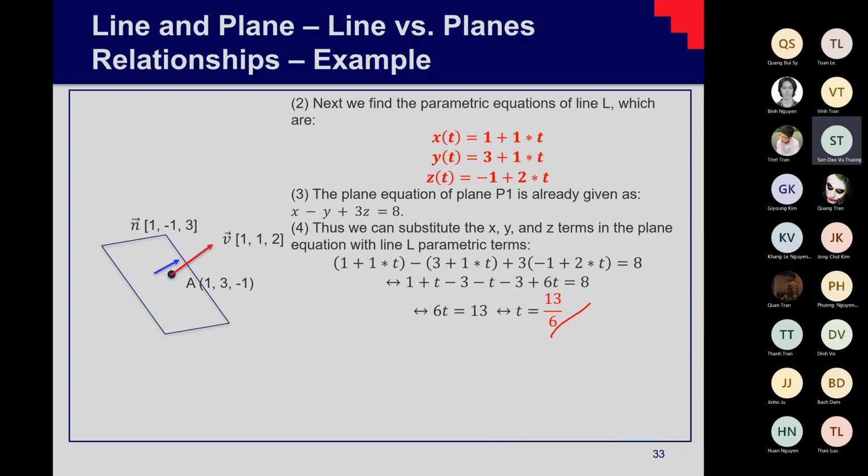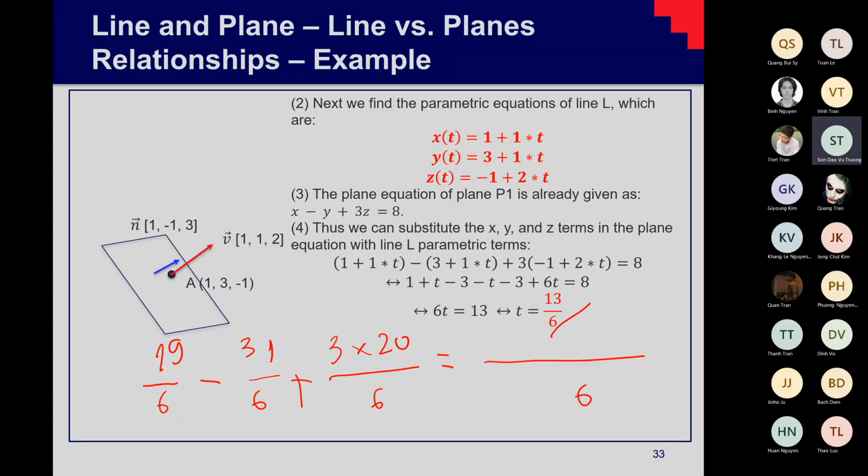So x is 19 over 6, minus y, 31 over 6, and z, assuming our case is correct, 20 over 6.